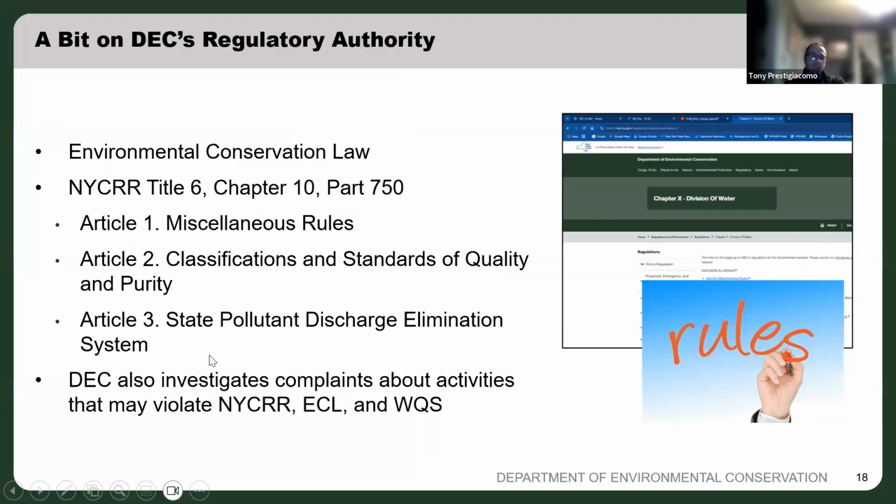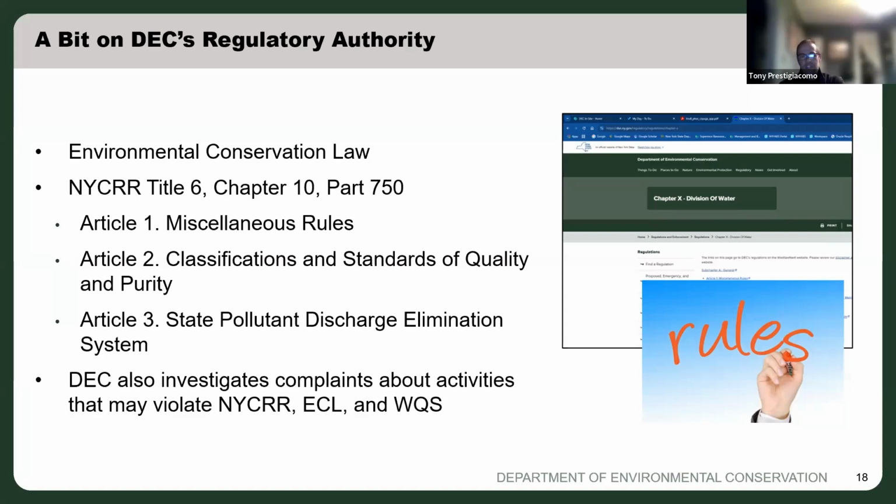And so, a bit on DEC's role and regulatory authority. One thing that I'm trying to be more clear about is when I say non-point source implementation of best management practices is voluntary, that is true, but there are also laws and rules and regulations that we all have to live by in New York State to protect water quality. I'm not going to dive into exactly what they are, but they are all available online. New York Code of Rules and Regulations, Title 6, Chapter 10. Part 750 is where most of the pertinent ones are.